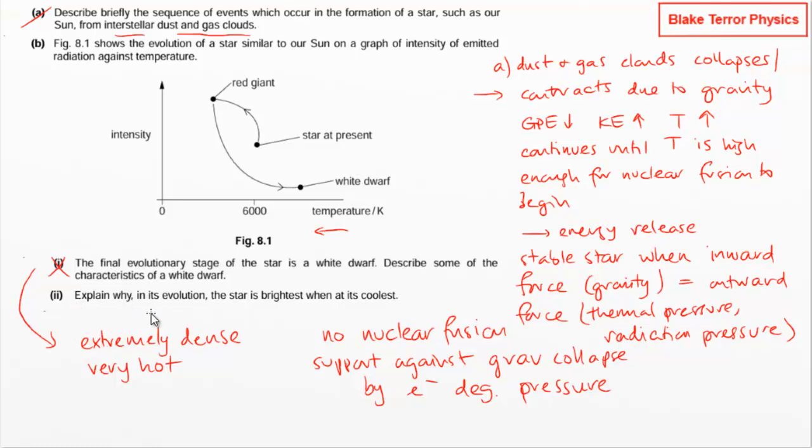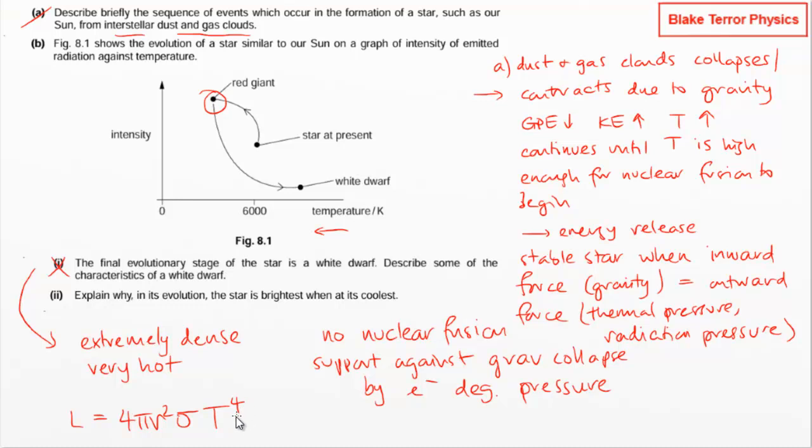Explain why in its evolution the star is brightest when it's coolest. So when it's coolest, why is the red giant brighter than the white dwarf? Right, so let's look at brightness. That's our luminosity, so we can go to our Stefan-Boltzmann law. We've got 4 pi r squared, Stefan-Boltzmann constant, T to the 4.